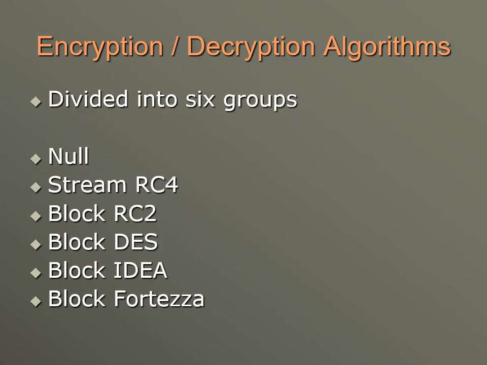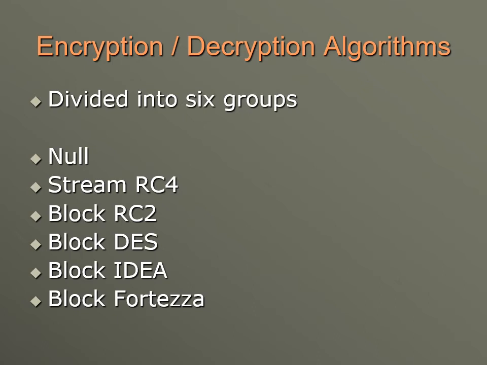The next is the encryption and decryption algorithms. There are several choices for encryption and decryption algorithms, and we can divide the algorithms into six groups. All these encryption and decryption algorithms use the 8-byte initialization vector, except Fortezza, which uses 20 bytes of initialization vector.